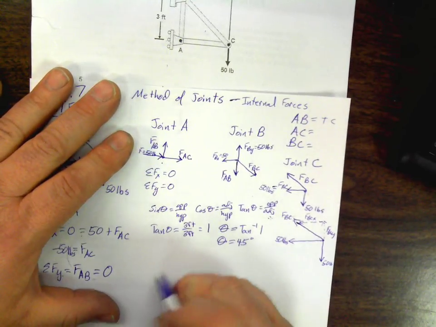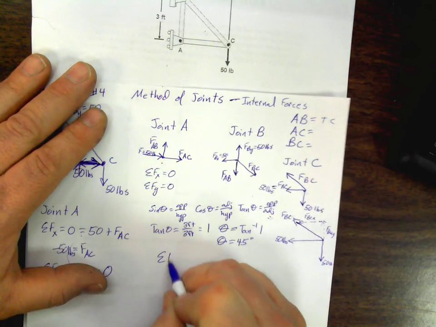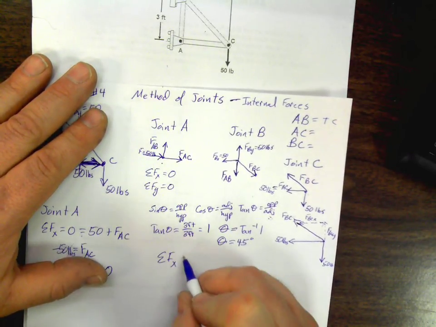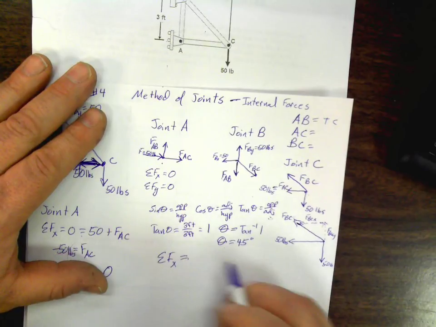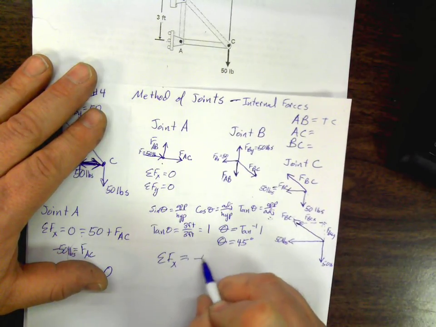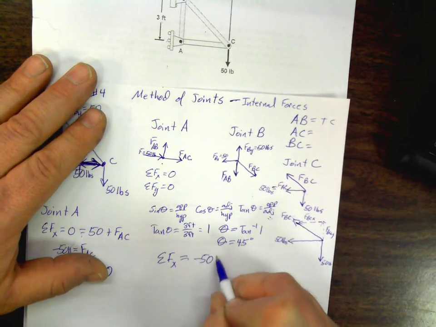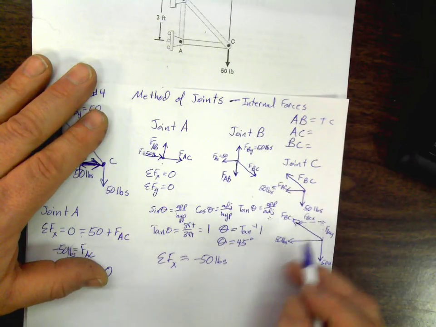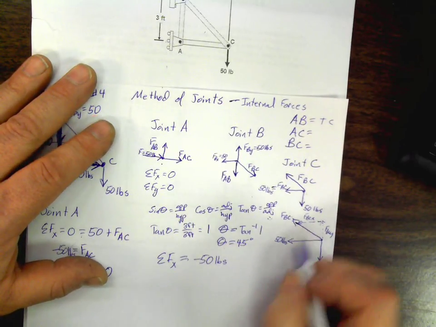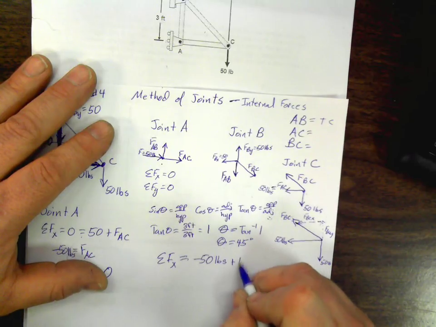So now here we're going to plug in and substitute. So this goes here and replace this. So 50 pounds equals f of BC sine of 45 degrees.